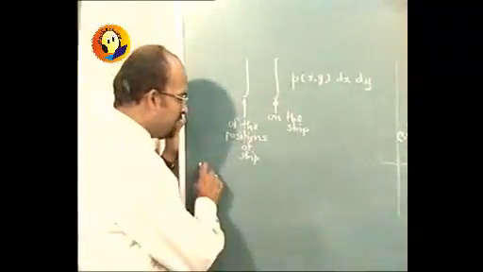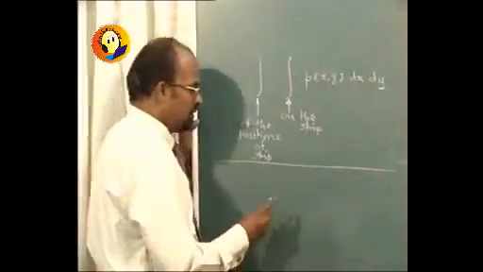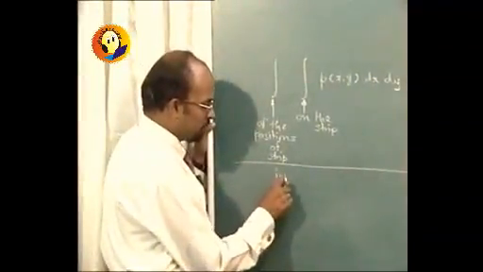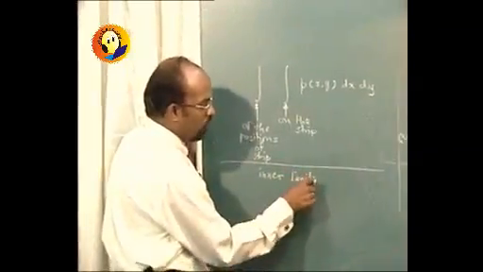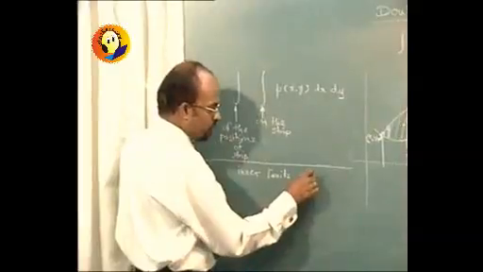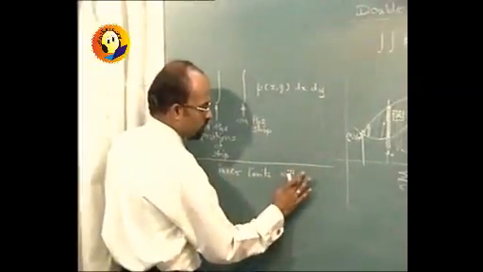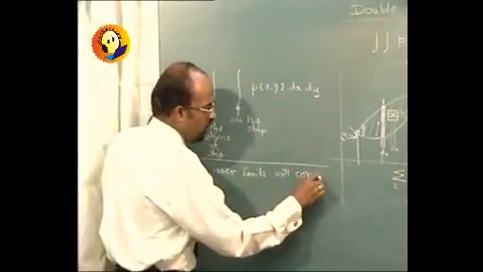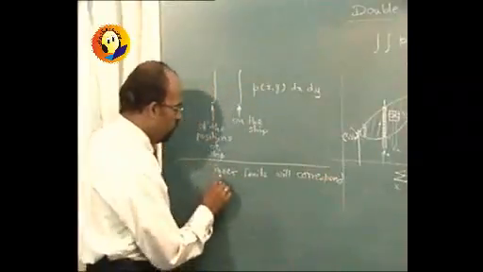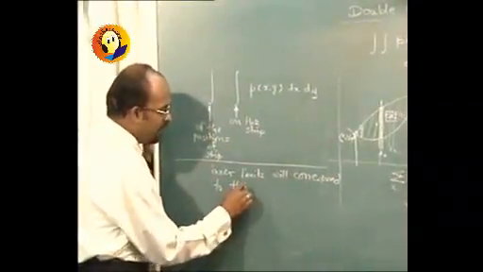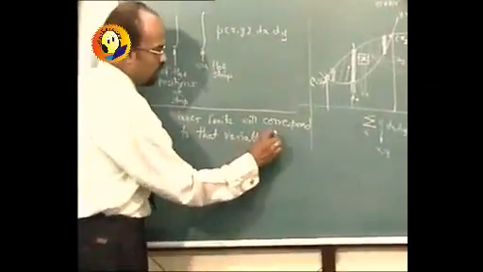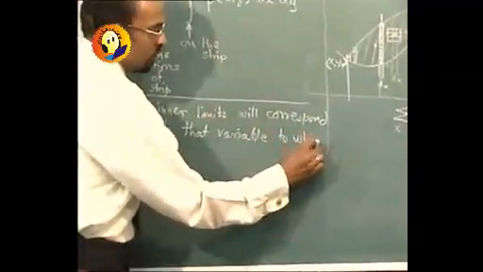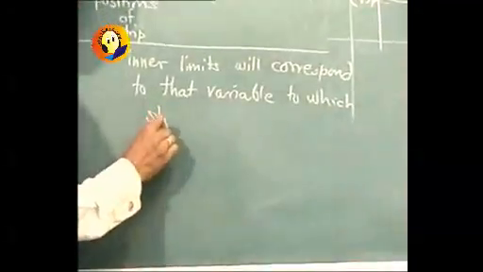So we can simply note down one formula: inner limits will correspond to that variable to which the strips are parallel.